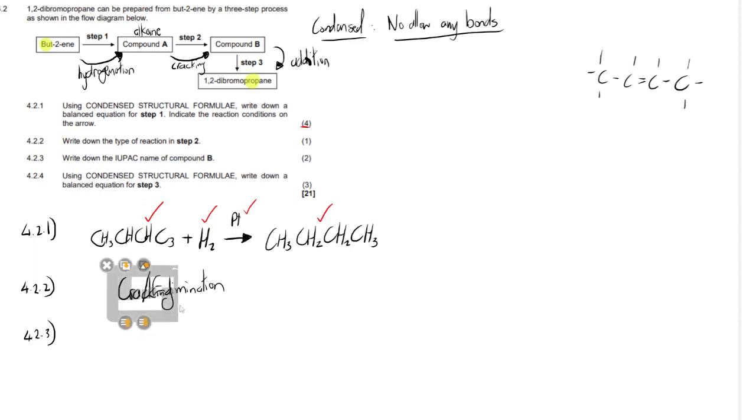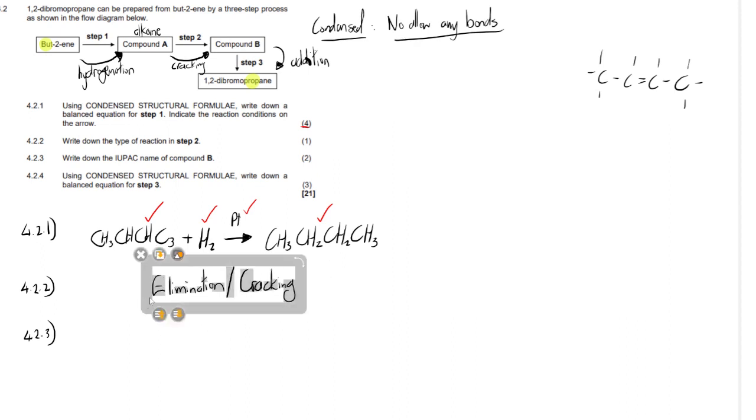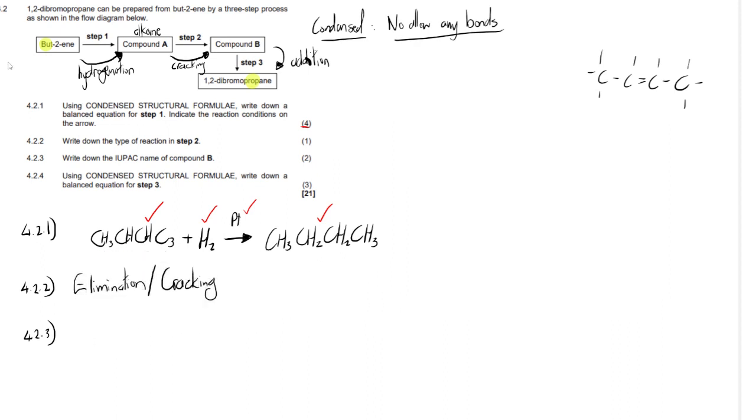Okay, so 4.2.3. It's interesting. As I mentioned, I would suggest putting cracking second, because say we aren't 100% sure about cracking, but we are 100% sure about elimination. Often the memo allows elimination as an answer over cracking. More often than not, it actually allows it.